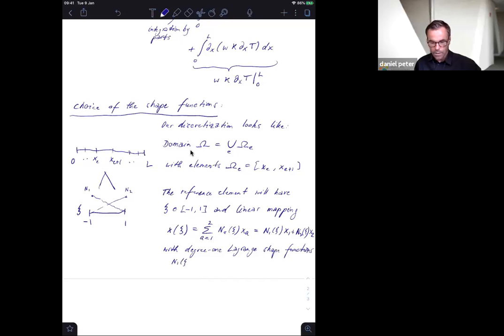N1 of xi is defined as 1/2 times 1 minus xi.